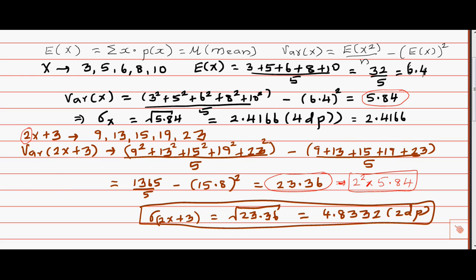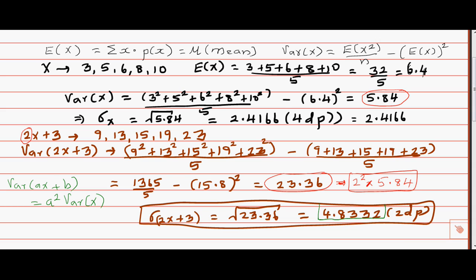The variance of ax plus b is equal to a squared times the variance of x. So whatever you're multiplying the data by, you square that number and multiply by the old variance, and that will give you the new variance.